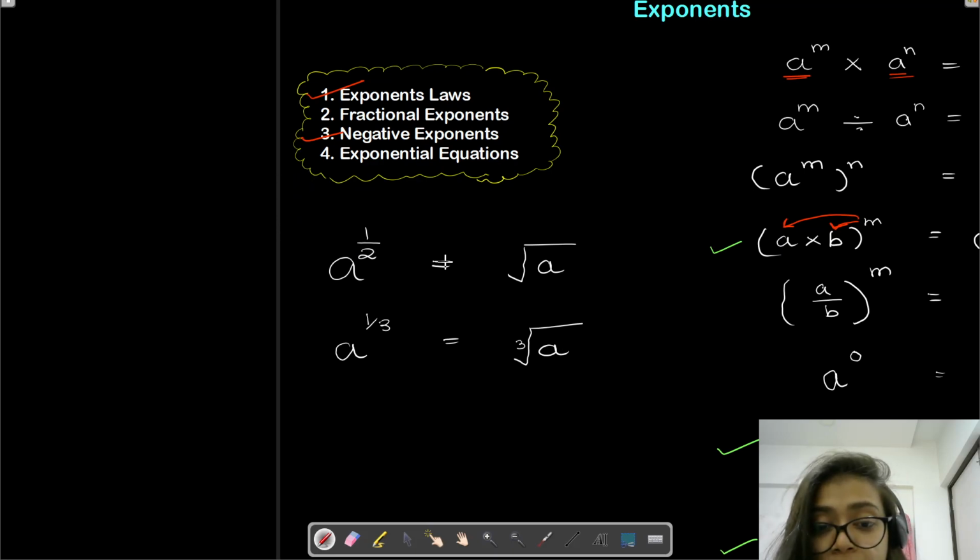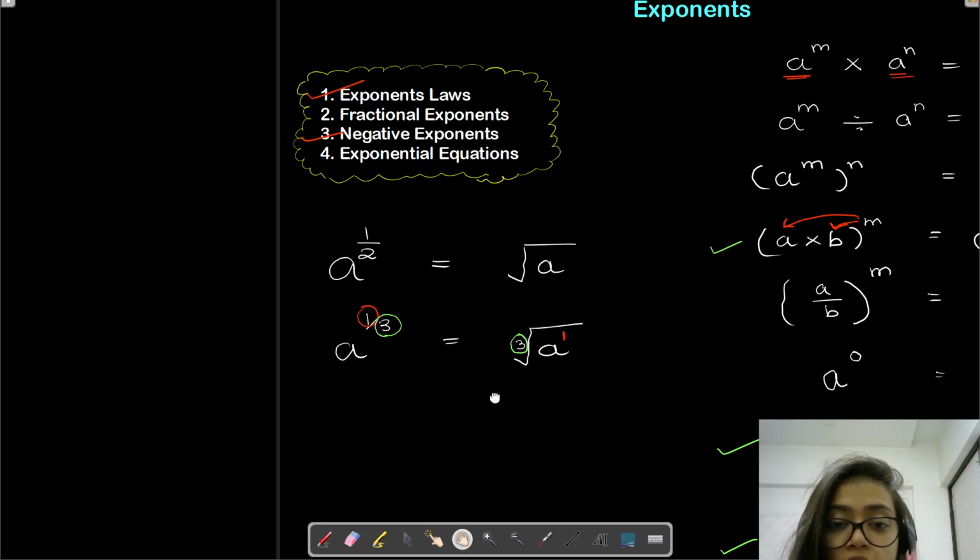When you see a fractional exponent, the numerator of that fraction becomes the exponent of the base, and the denominator of the fraction becomes the radical part.